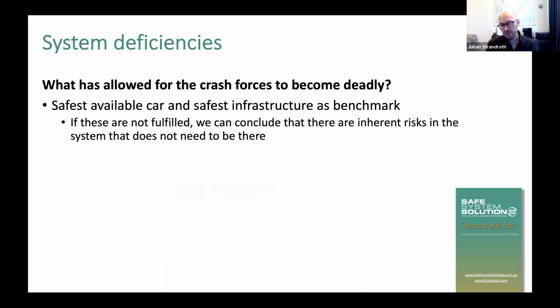This crash has allowed for crash forces to be deadly. There are deficiencies out there because it's not designed the way it should be designed or can be designed. It could be that it's not living up to current standards, or it could be that it's living up to current standards, but the standards are not up to best practice. So there could be several levels here.